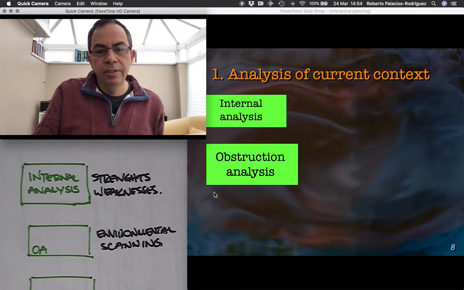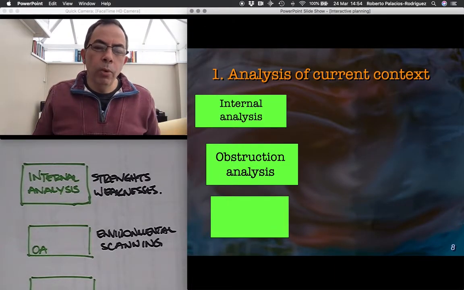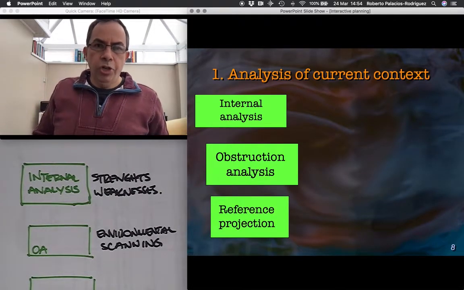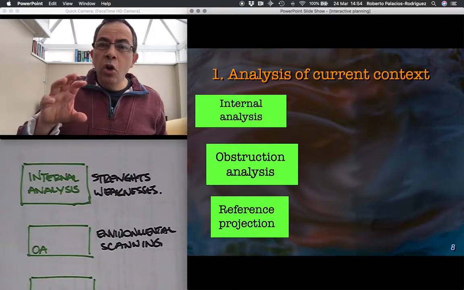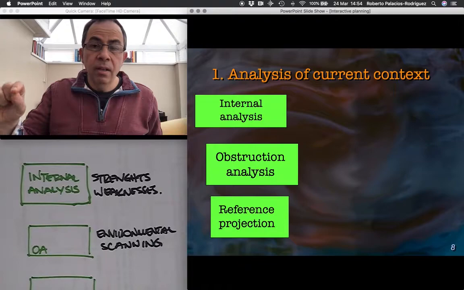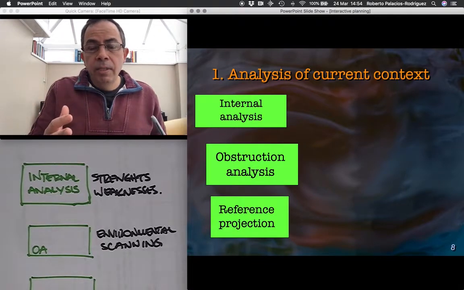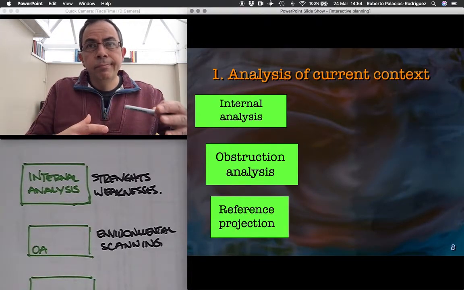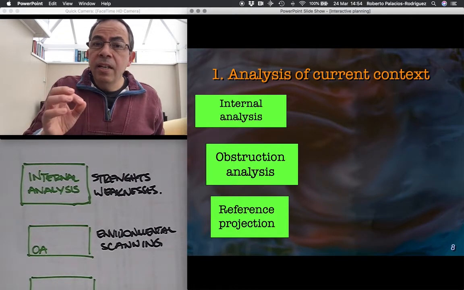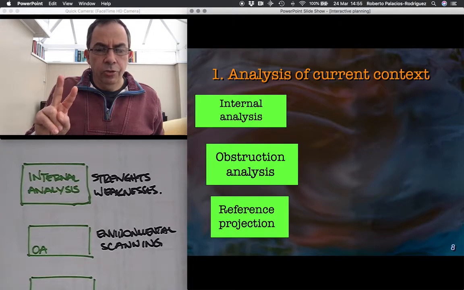The next stage is what we call the next action, sorry, reference projection. What will happen? Where is the environment moving forward? Clearly, in the organizational environment, things are moving in terms of 2 directions.